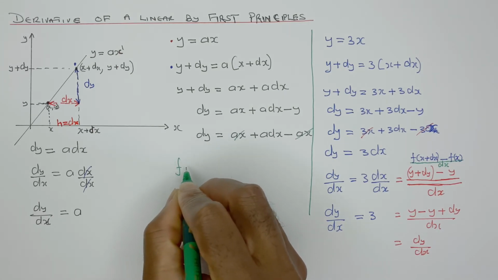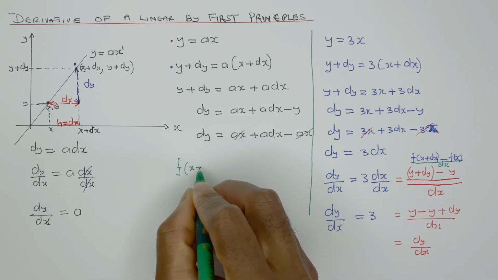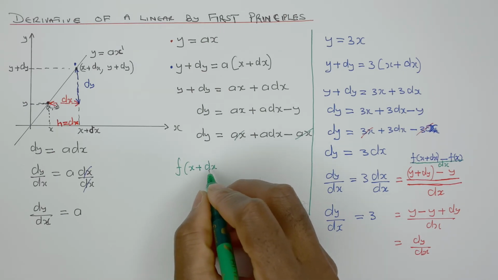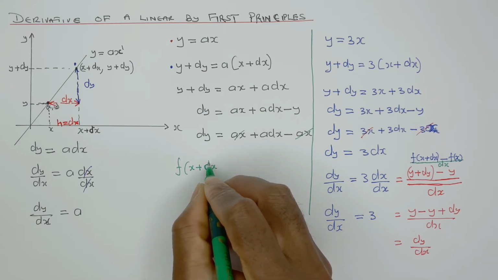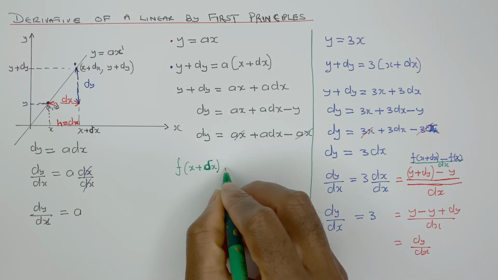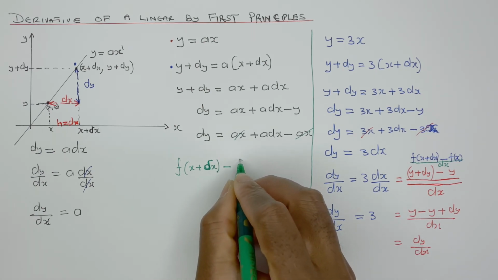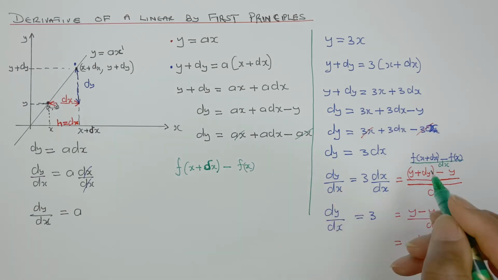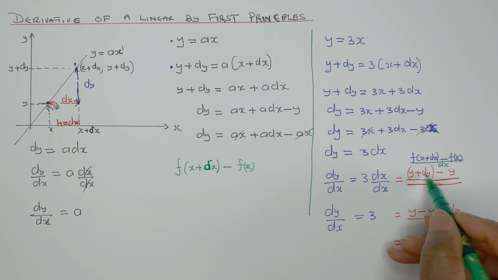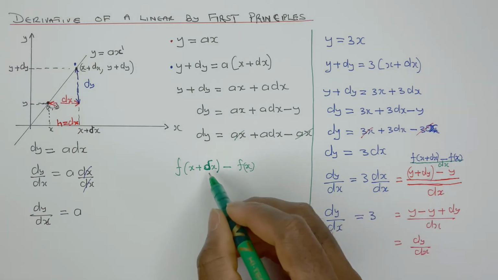So this is a formula that's been put out there. f of x plus dx, or sometimes they might say delta x, that's a small change, minus f of x, which is what you've got here. That's because this one is called delta y, that means it's called delta x as well.